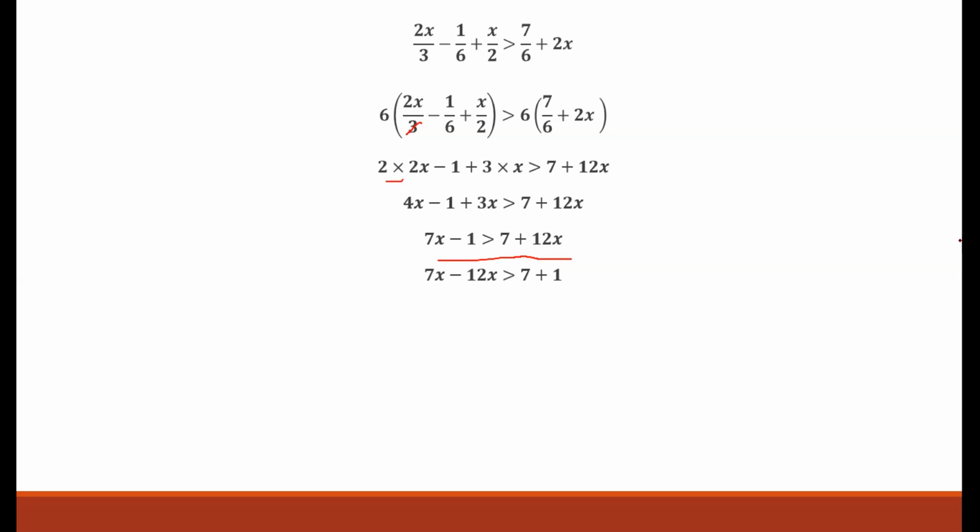Someone should confirm that answer. -5. 7 minus 12. The answer is -5x. Correct. So we have -5x is going to be greater than 8. Are we going to divide through by a positive or a negative constant?